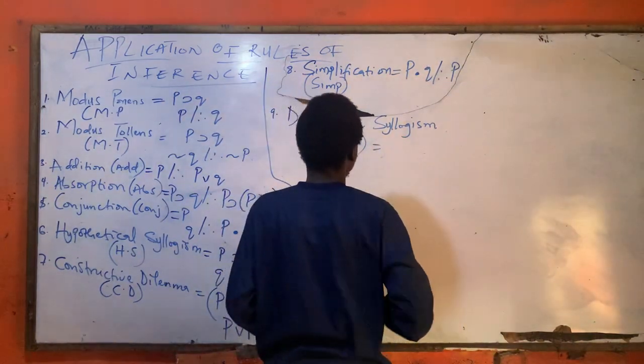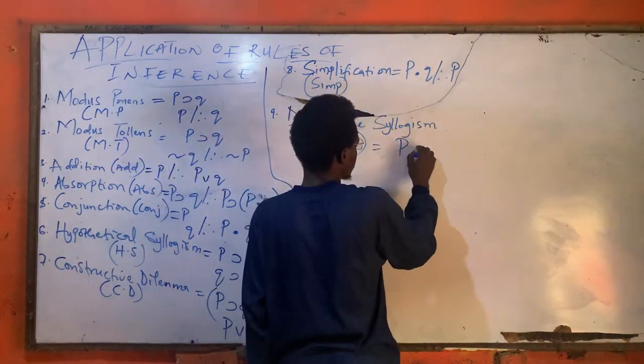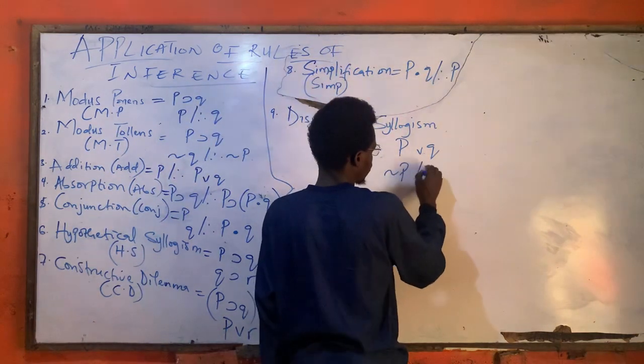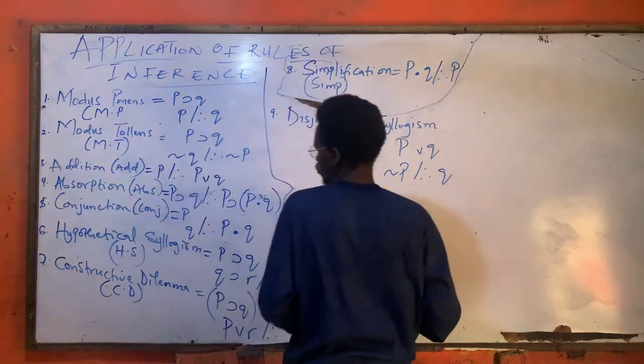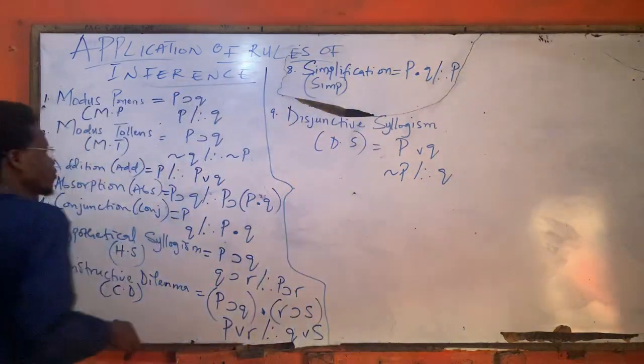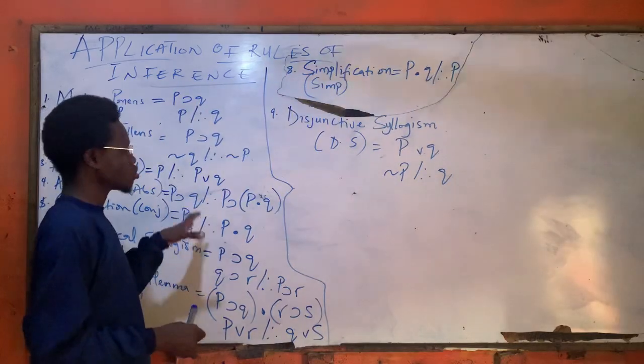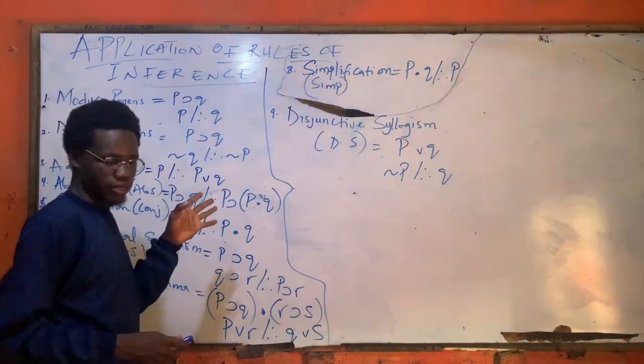For disjunctive syllogism, P or Q, not P, therefore Q. So these are the 9 rules of inference that we are going to use to resolve arguments.